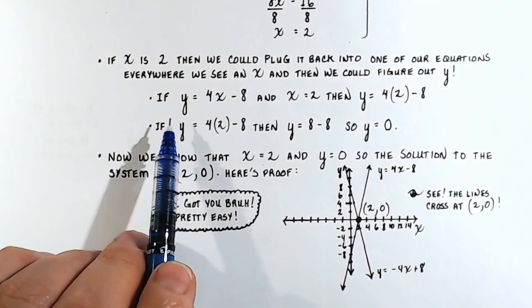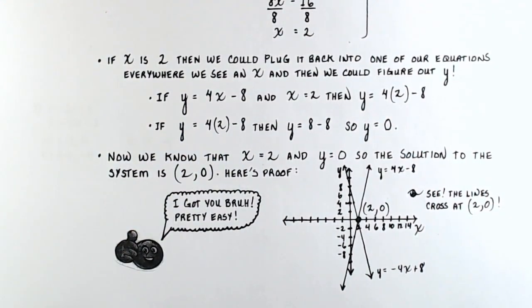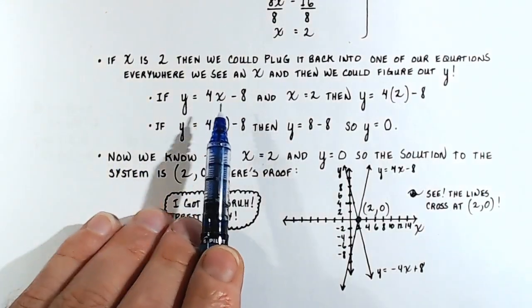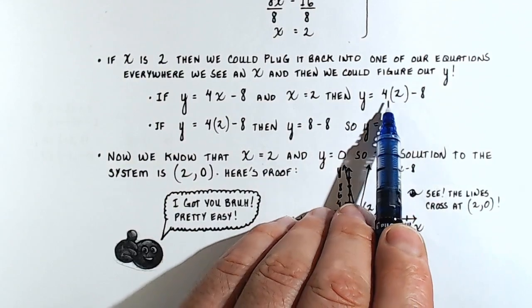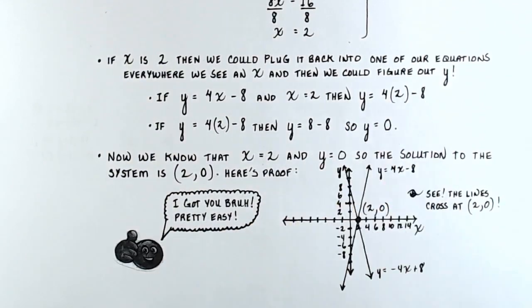So, if y equals 4x minus 8 and x equals 2, then plugging 2 in everywhere I see an x, and I only see an x right here, then y equals 4 times 2 minus 8. So I plug the 2 in where I saw an x.